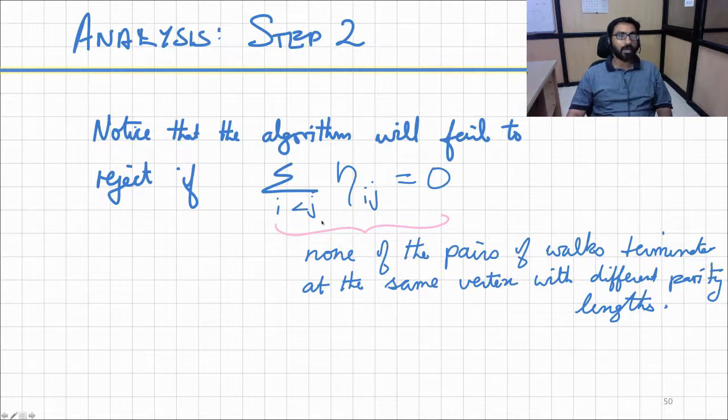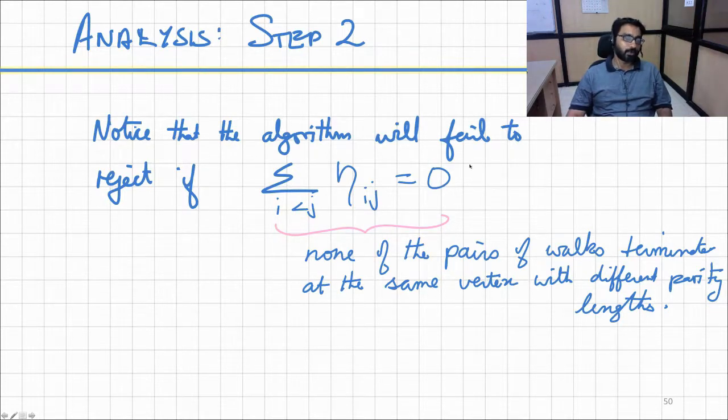If the summation over all eta ij's where i is strictly less than j is equal to 0, what that means is none of the pairs of walks terminated at the same vertex with different parity lines. So we've not been able to find any evidence that the graph is not bipartite, which means that we will fail to reject.